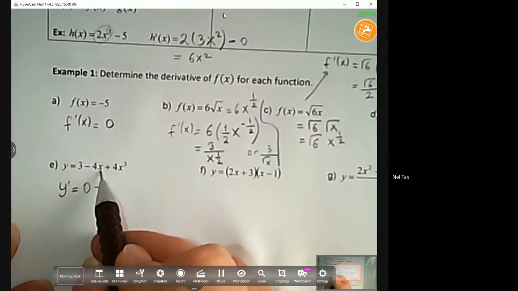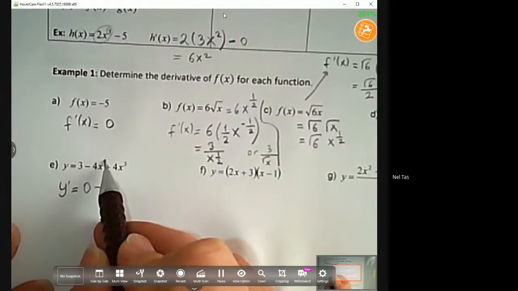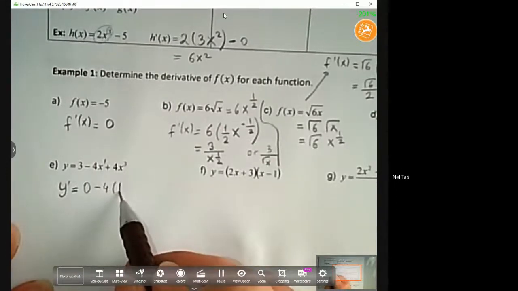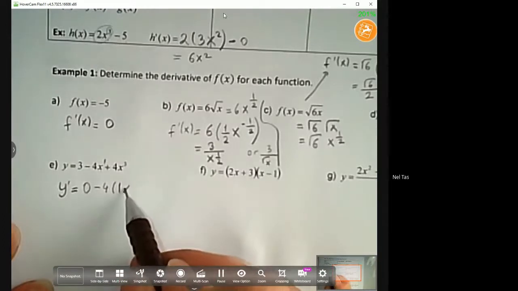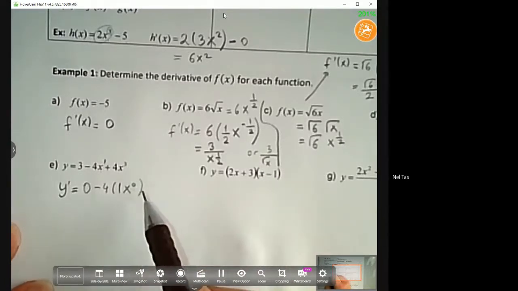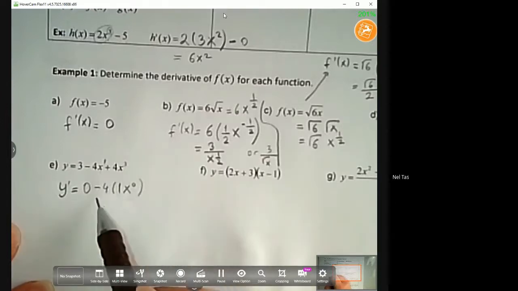Decrease the exponent. So what is the exponent for x? It is 1, right? So you drop it to the front and then decrease the exponent by 1. So actually this is equal to 1, as you see, right? x to the power of 0 is 1. So 1 times 1 is 1. So you get negative 4 from here.